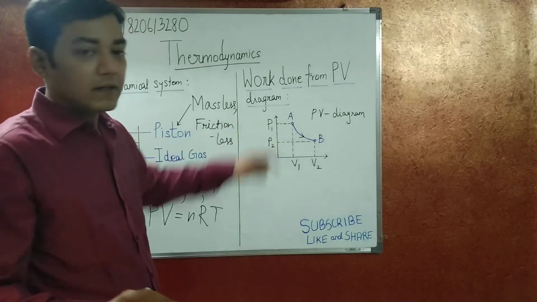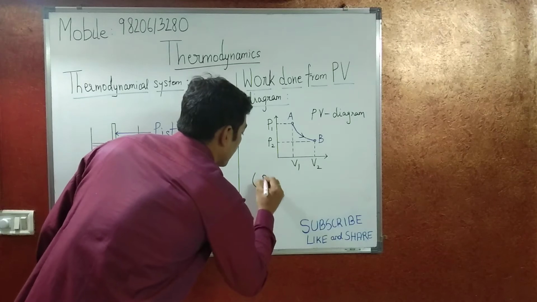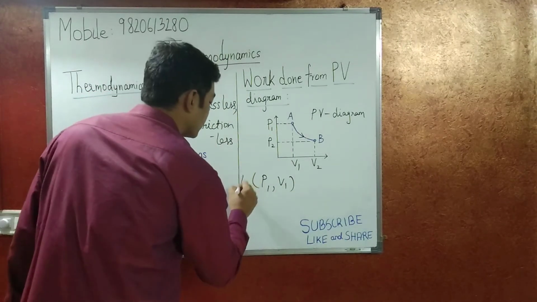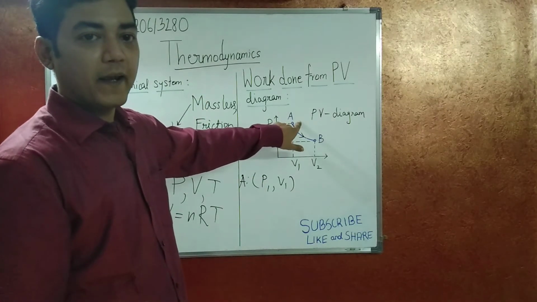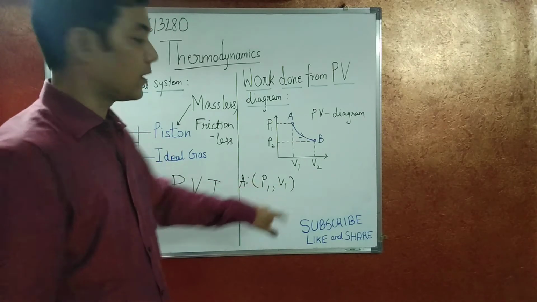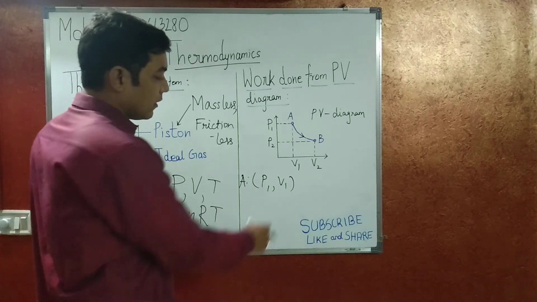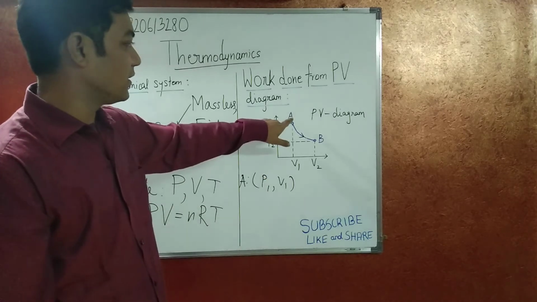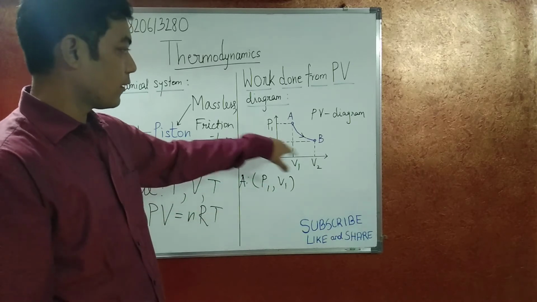So this can be described by this coordinate P1, V1. This is for your state A. P1 is the initial pressure, and V1 is the initial volume. So your initial state A can be described by this point from this graph.